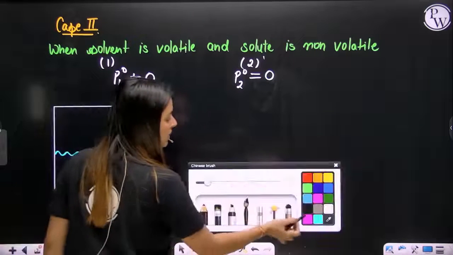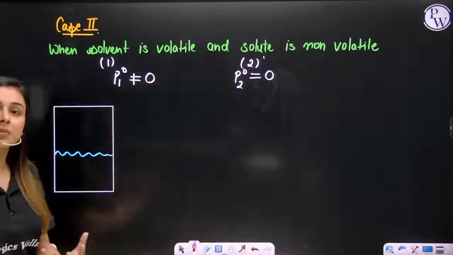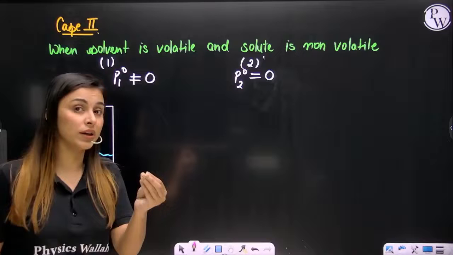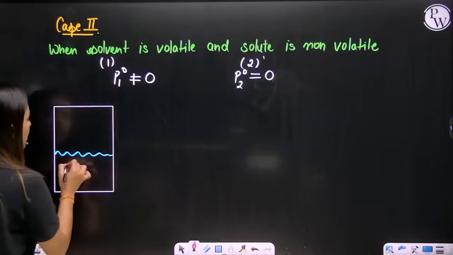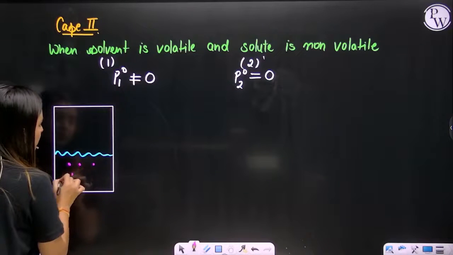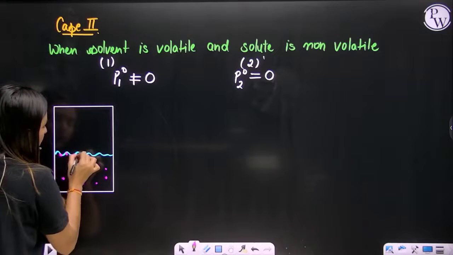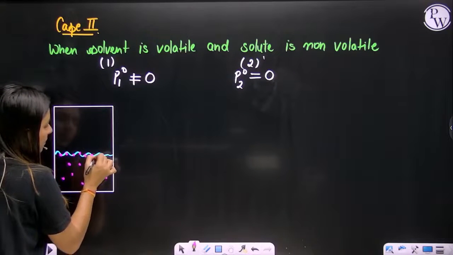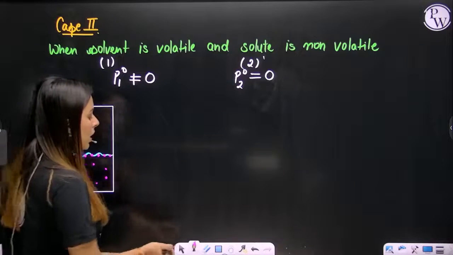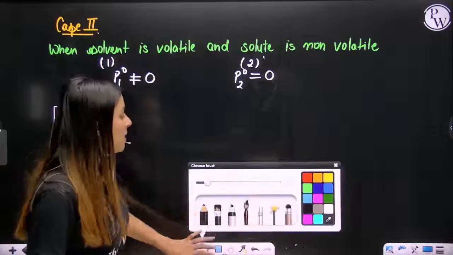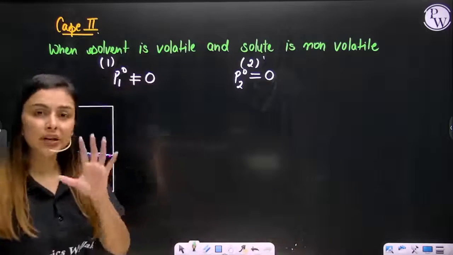Now, my dear students, let me represent the solute components. The solute is non-volatile, right? Yes. So the solute will be present here in the bulk as well as on the surface too, right? Perfect.